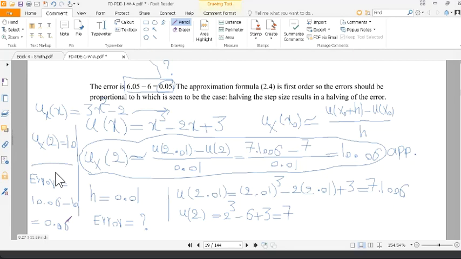What is the difference between exact and approximate solution? For the exact solution, we use the exact derivative and put x equal to 2. For the approximate solution, we use the first-order forward finite difference method with x equal to 2, and the result is 10.06. For the error, we compute the difference between the approximate and exact solutions.